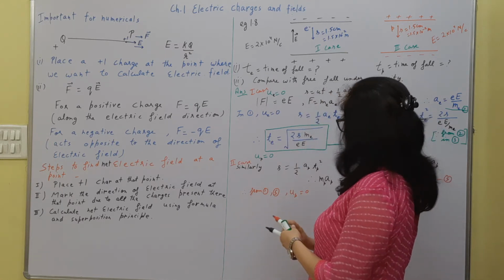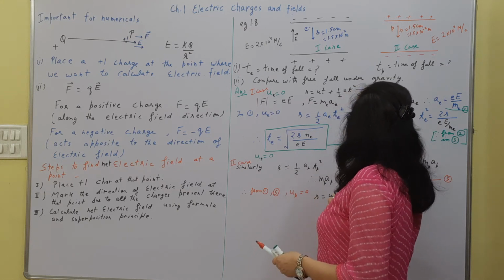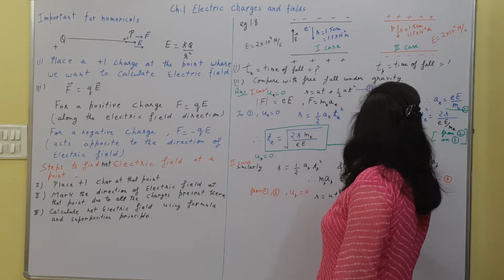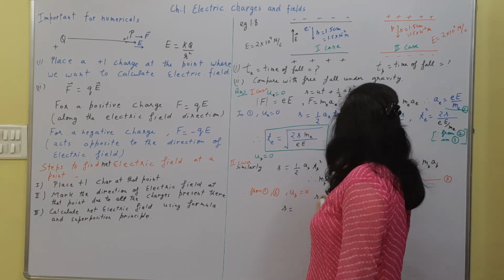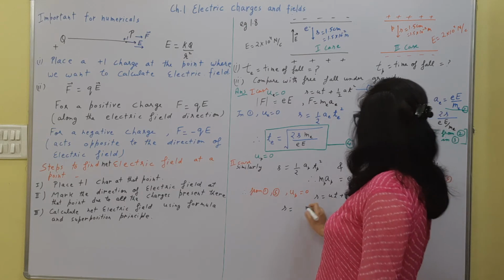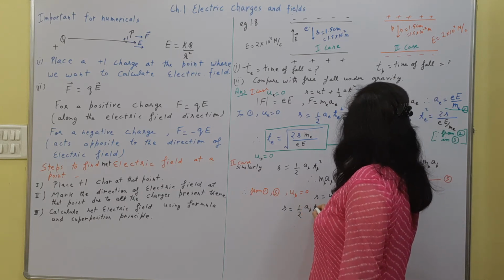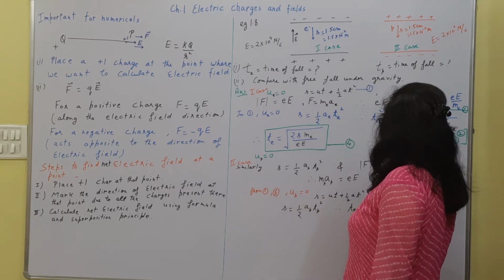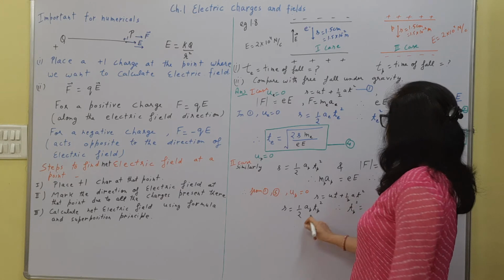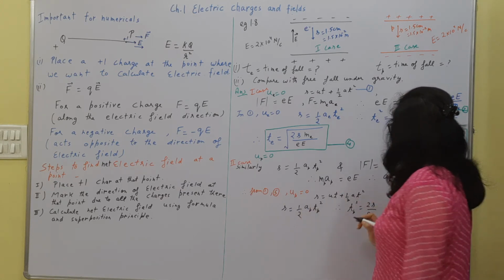So I can write down that s is equal to ut plus half a t square. So I am putting the values. s is equal to, for proton this is 0, then half acceleration of proton and time of fall of proton square. So therefore, time of fall of proton square is equal to 2s upon acceleration of proton.